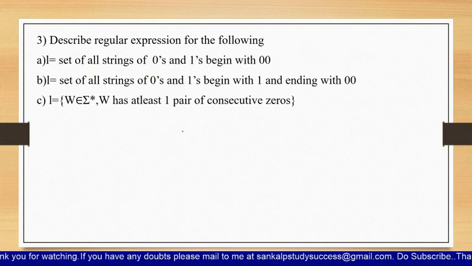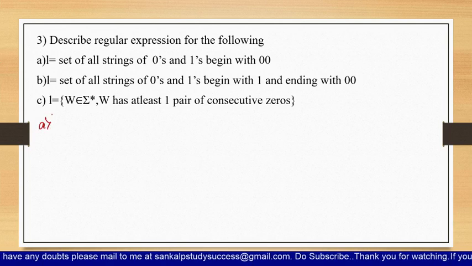Now let us see one more, where we describe the regular expression for the following: A, B and C. Let us solve A first: the set of all strings of zeros and ones beginning with 0 0. That means you start the regular expression with 0 0. What is the continuation of 0 0?